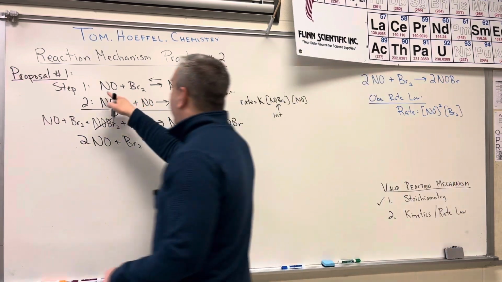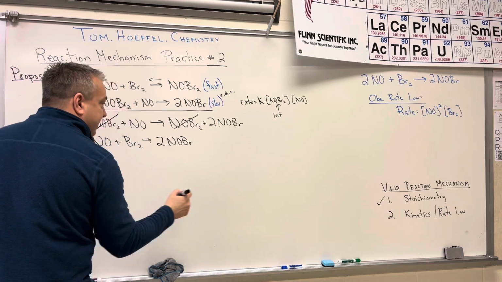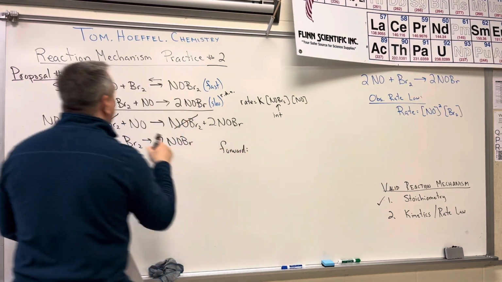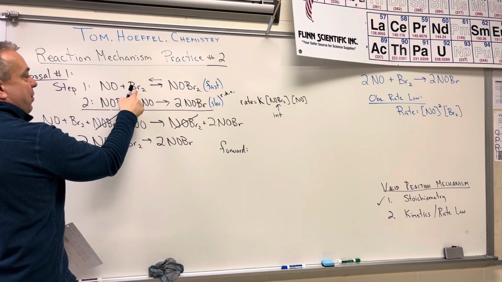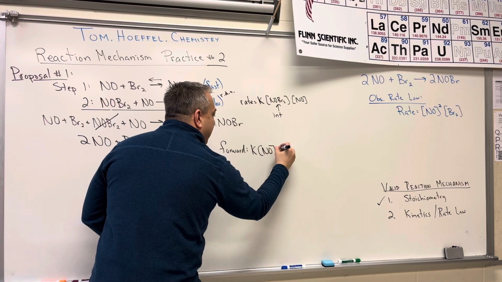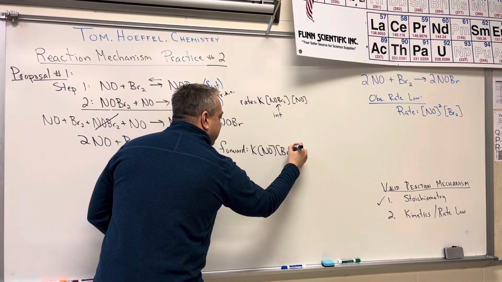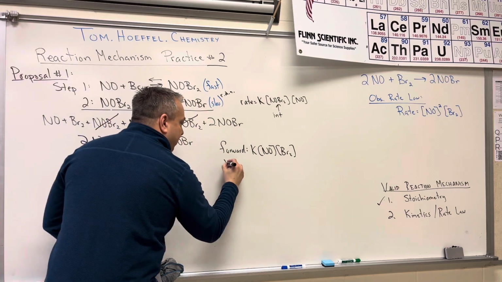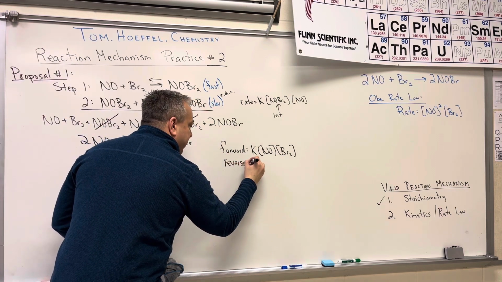So the rate law going forward, if I say that this is the forward reaction, would be equal to K times NO and Br2. And then we do the reverse reaction. So here's the reverse reaction.